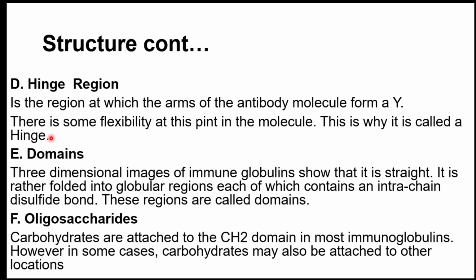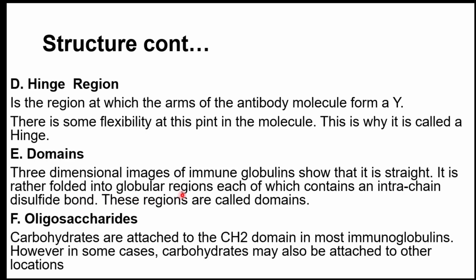We have even the domains. We see the three-dimensional images of these immunoglobulins. When you look at these immunoglobulins in a three-dimensional view, it may seem that it is straight. It is rather folded into globular regions, each of which contains an intra-chain disulfide bond.